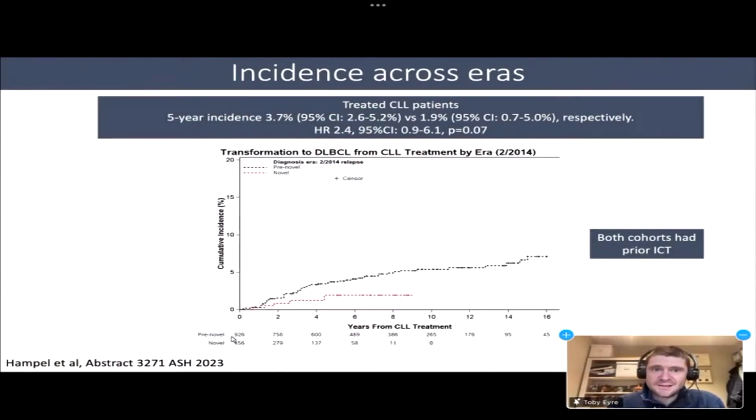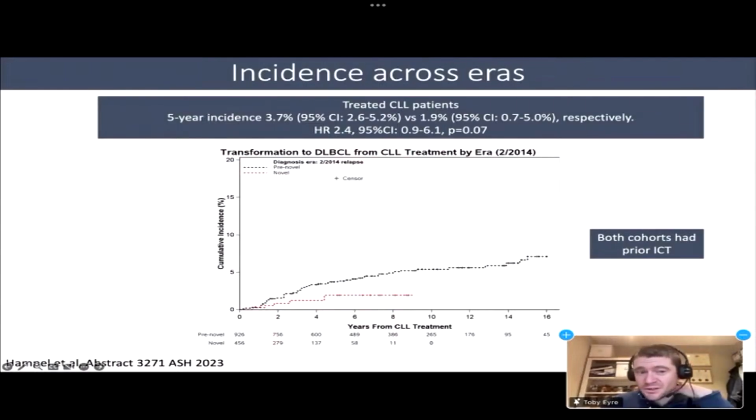Now, of course, a number of interesting and important questions that still exist are around whether you can change the natural history of the disease by offering non-chemotherapy based treatment. And there's some suggestion from recent data, I've just put an ASH abstract up from last year, that in the novel era there may be a reduced rate of transformation, although it has to be said in studies like, for example, the Murano trial, there was no difference between the rates of transformation following BR or venetoclax rituximab, and actually in this series both groups still had prior historical chemotherapy.